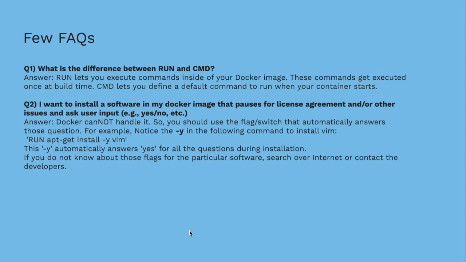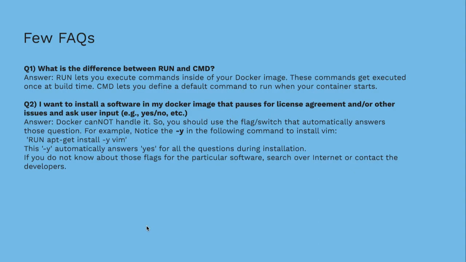These commands get executed once during the build time, or let's say the compile time. Whereas CMD is just like the runtime environment of your program. That is, it lets you define the default command to run when the container starts or when the image is launched.